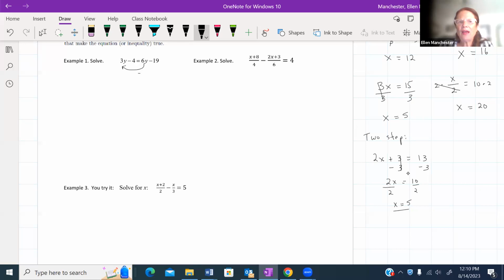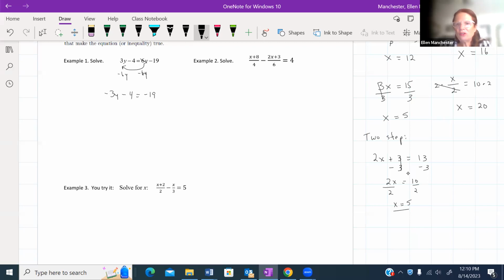Anytime I cross that equal sign, I have to do the opposite. So when I'm moving the whole thing over, I'm just adding the opposite. So 6y minus 6y cancels. 3y minus 6y gives me a negative 3y. And then I just keep writing what I haven't worked with.